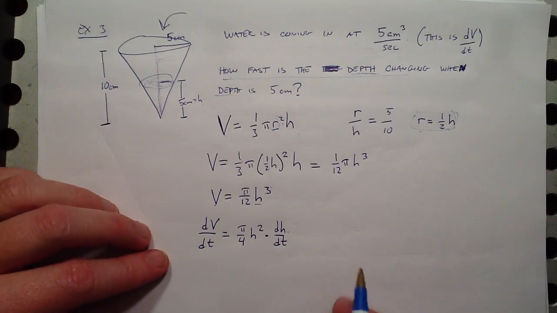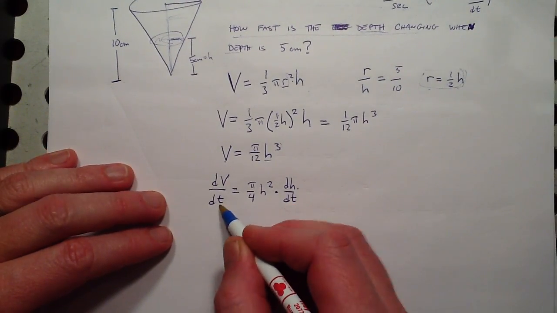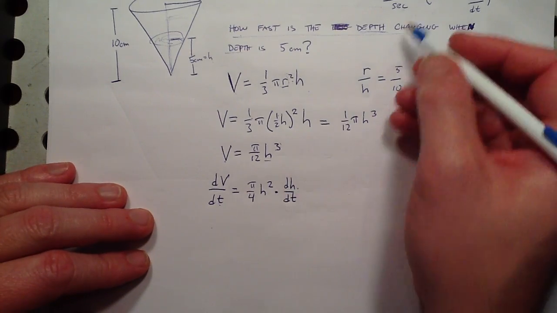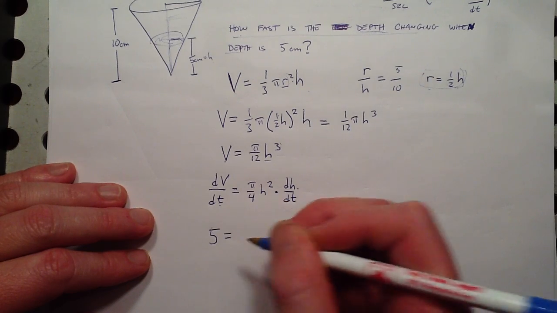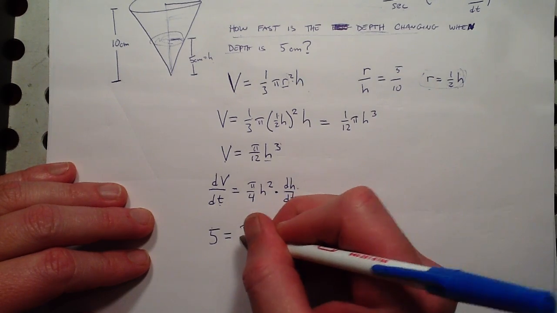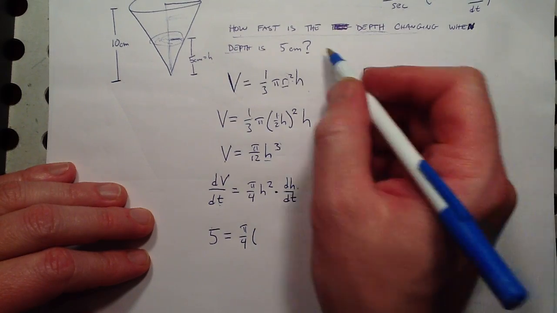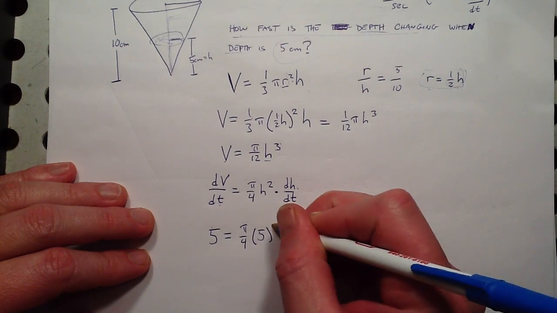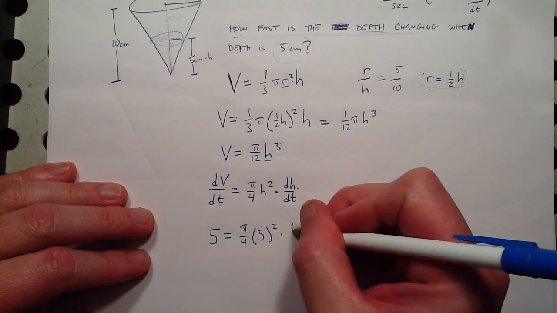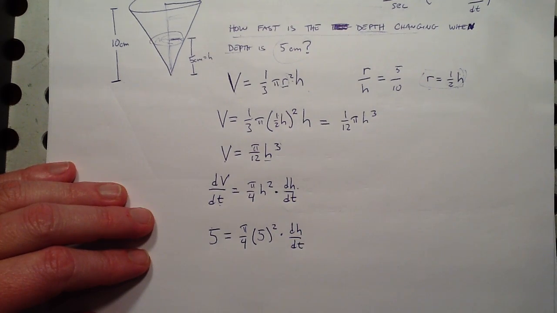Okay, so now we're almost home free. So here, dV/dt is 5. That's equal to pi over 4 times the height, depth, height, same thing, 5 squared times dh/dt. And now we just need to solve for dh/dt.